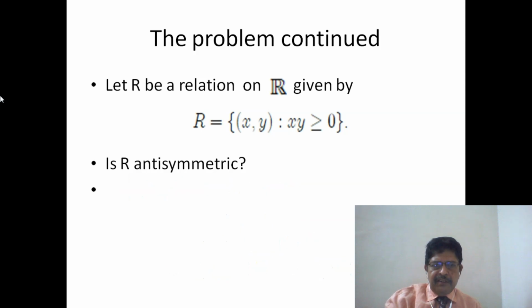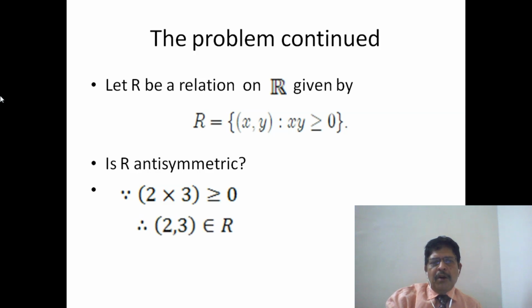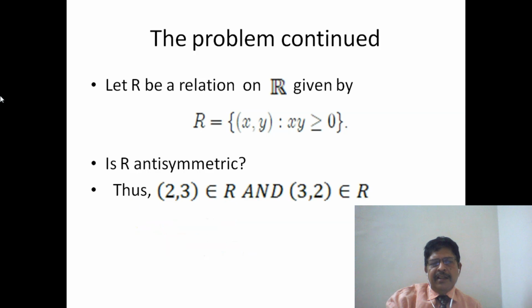Now is it antisymmetric? What is antisymmetry? If xy belongs to R and yx also belongs to R, then in that case x must be equal to y. Now here we give a counter example. 2, 3 belongs to R because the product is greater than or equal to 0. Similarly, 3, 2 also belongs to R, for the obvious reason that the product is greater than or equal to 0, but we can easily say that 2 and 3 are distinct, they are not equal.